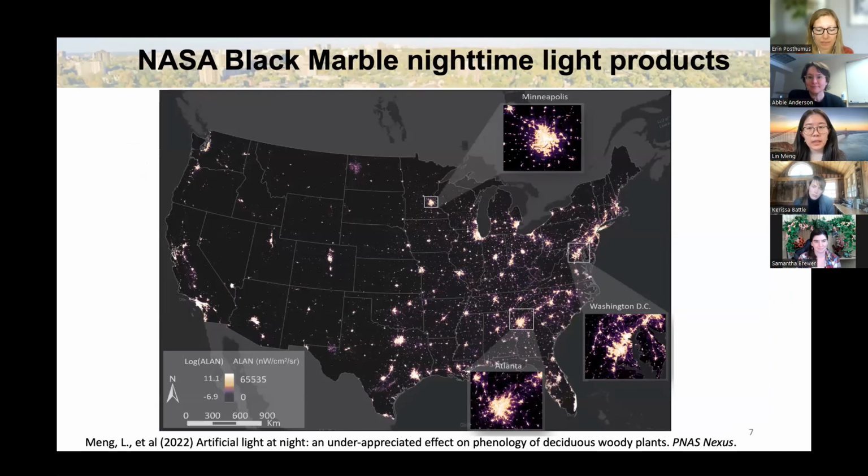The artificial light product I use is the most recent one from NASA called Black Marble. This is a daily artificial light product, and I only focus on the sites where I have phenology observations. So you can see the brightest regions are cities and some transportation network.